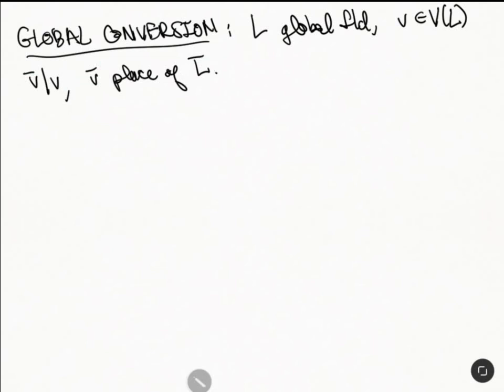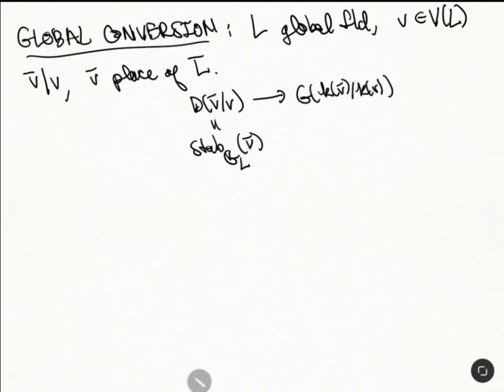Okay, and then we get a similar sequence, so this is v-bar over v. This is the stabilizer with respect to G_L, the absolute Galois group of v-bar, and then this goes to the Galois group of kappa(v-bar) over kappa(v). So this is the residue field, and then the kernel of this map is called the inertia group, and this thing here is also the absolute Galois group of the localization. Since this is in here, this thing embeds in, so this thing goes inside G_L. Okay.